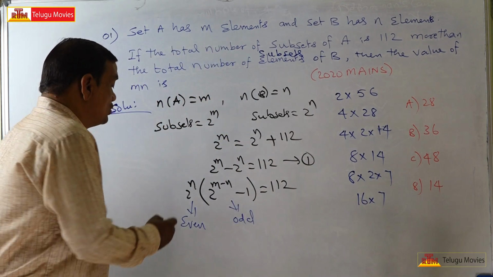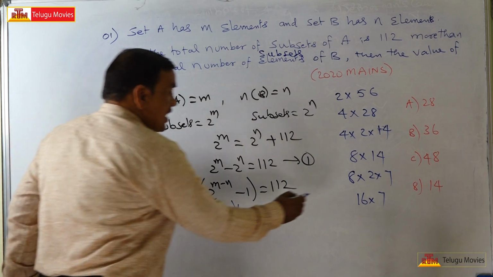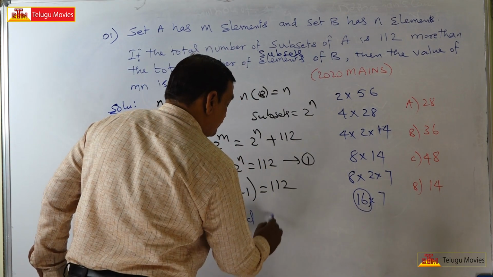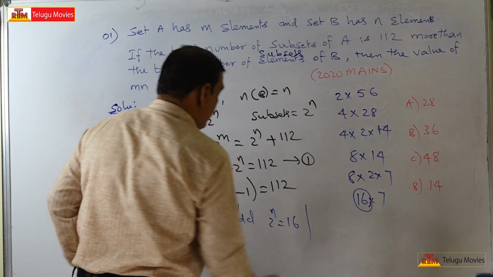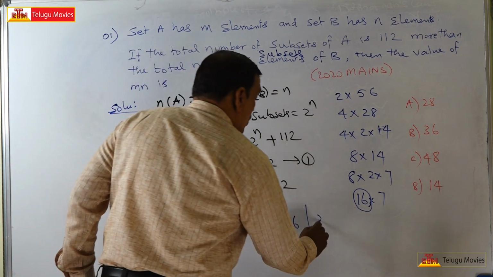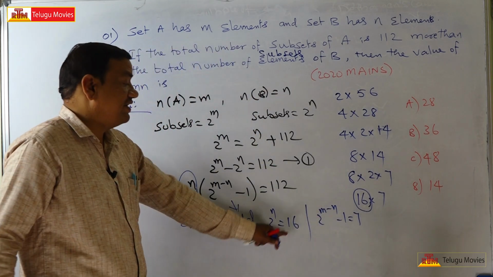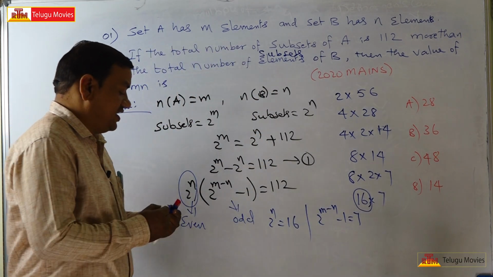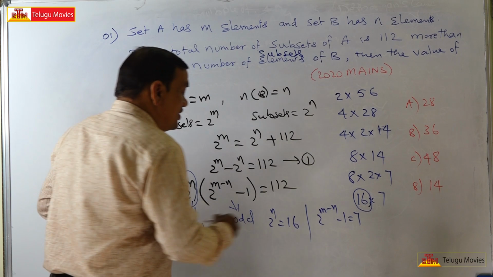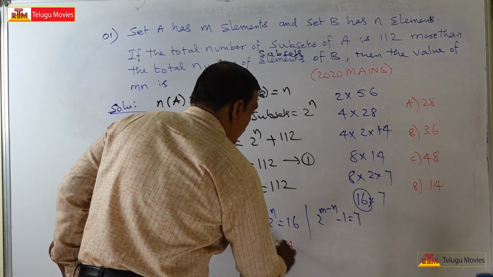It is right. Therefore 2 power n value should be 16, and 2 to the power of m minus n minus 1 value should be 7. Very clear, your n value is equal to 4.